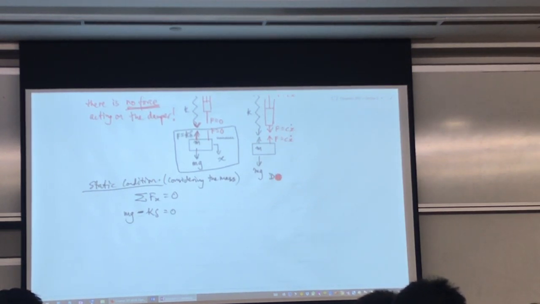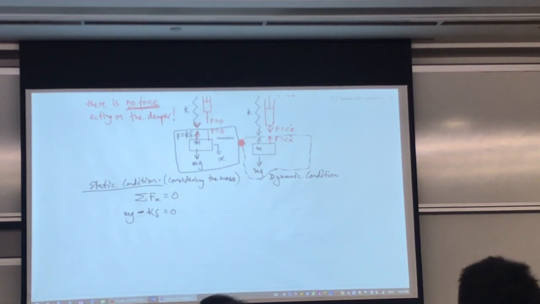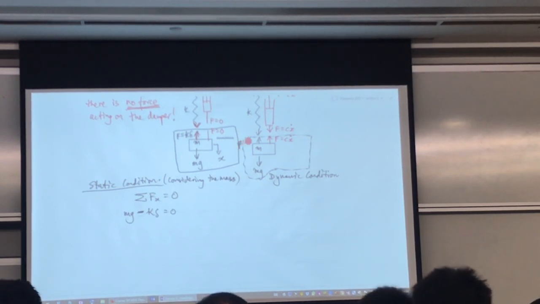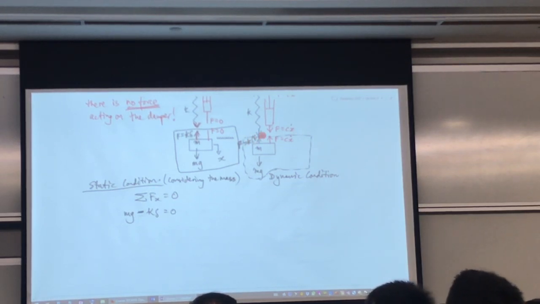Let's consider for the other one, the dynamic condition. Also considering around the mass. So this is the one that we're interested in. And the force for that spring, F, is equal to K delta plus X. Right?